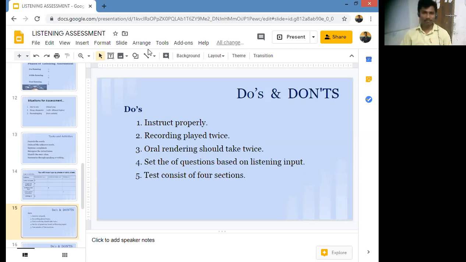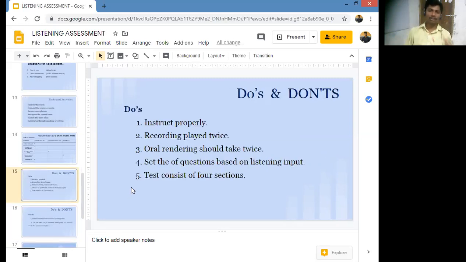Don't ask them to write in detail, because we are not measuring their reading skill, we are trying to assess their listening skill. The test consists of the four sections we discussed before, so please try to conduct all four sessions, and those are all the do's.